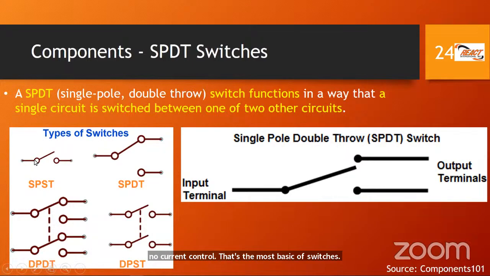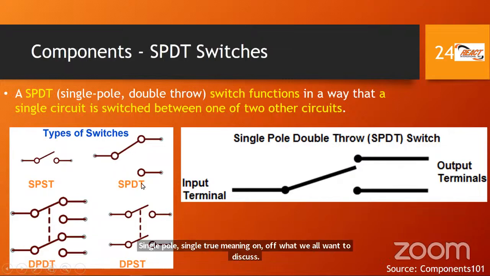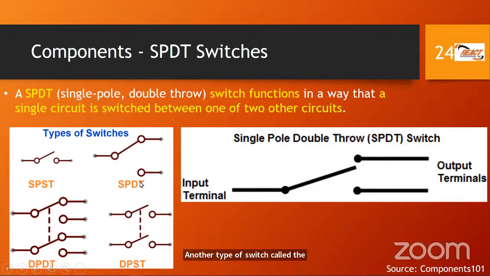SPST, single pole, single throw, meaning on-off. But we want to discuss another type of switch called the SPDT, which is the single pole double throw switch. So let's blow it up here a little bit. Notice we have this switch leg coming this way, and this can be connected either to this terminal or this terminal.